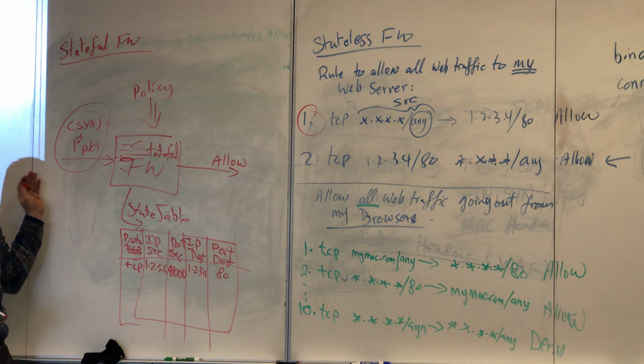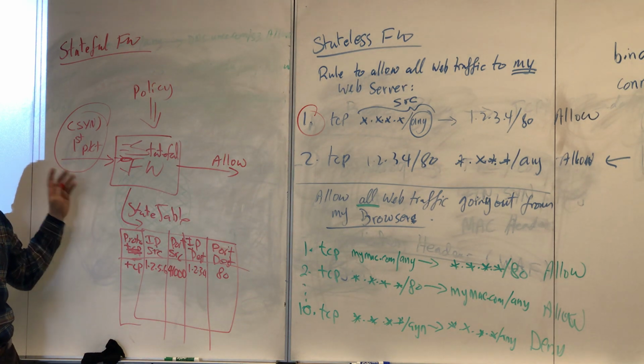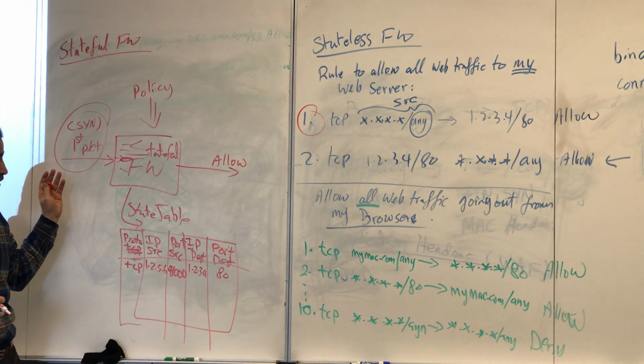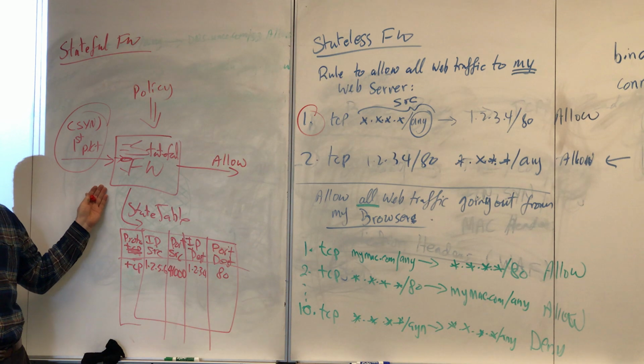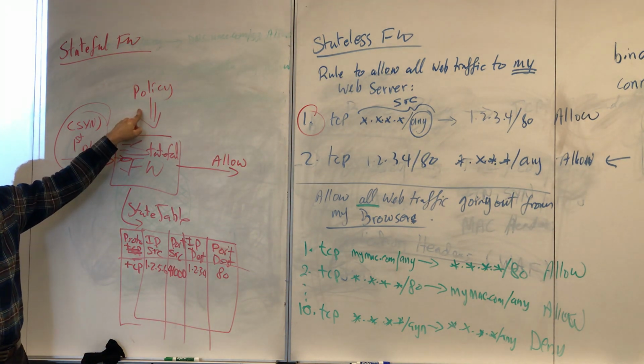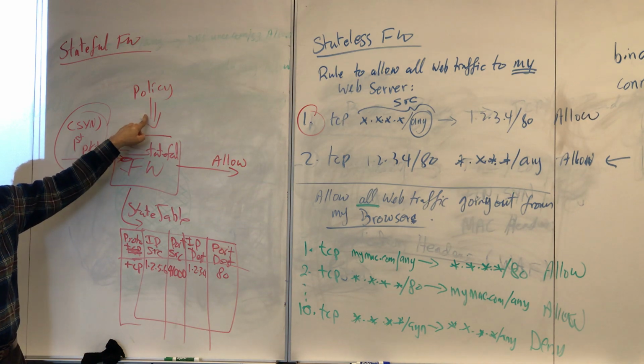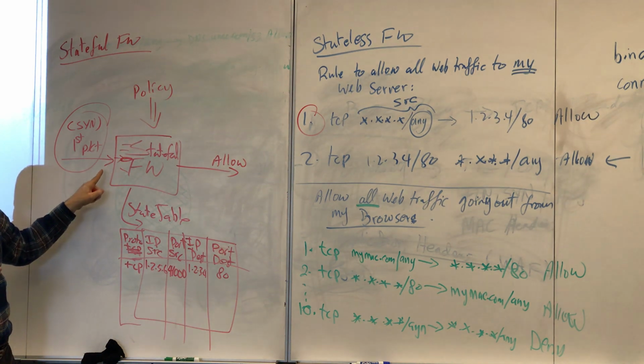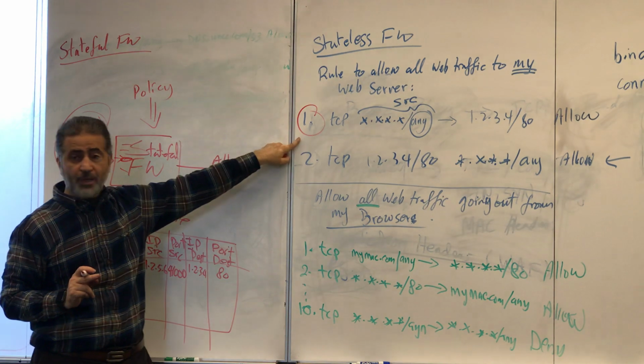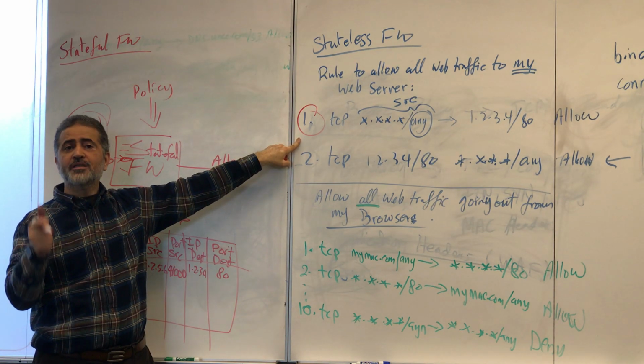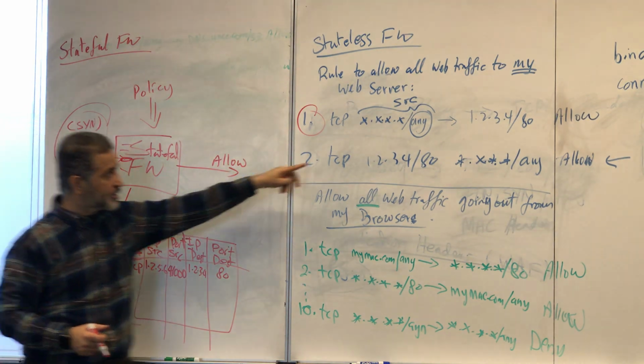Again, a packet comes in, usually the first packet. Once it comes in, the firewall sees it for the first time, so it will use the policy. It happened that this packet matches rule number 1. Once it matches rule number 1, it will allow it because it says allow here.